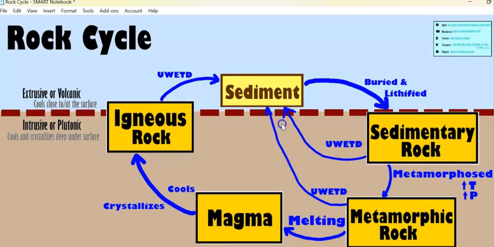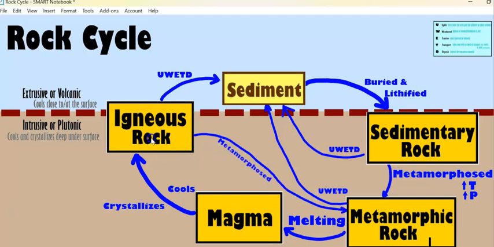It can also break down and go into sediment, and then we can keep on going through this cycle on the right side of this diagram. Now, that's not the only shortcut on here. There's one more. Igneous rock can go through metamorphosis and become metamorphic rock again.